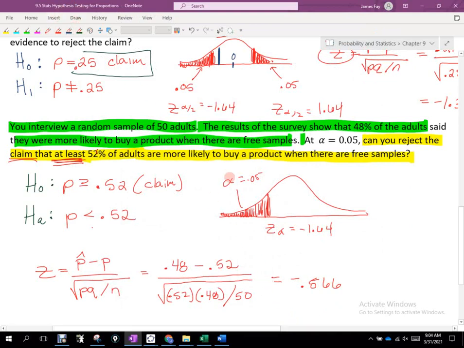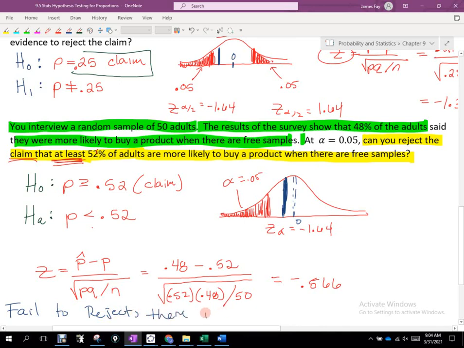So that Z value then is going to fall, if 0 is right there, at negative 0.566. It's probably about right there. So what do we do? Fail to reject, right? Fail to reject, okay?